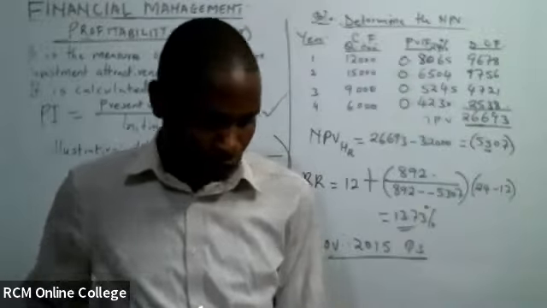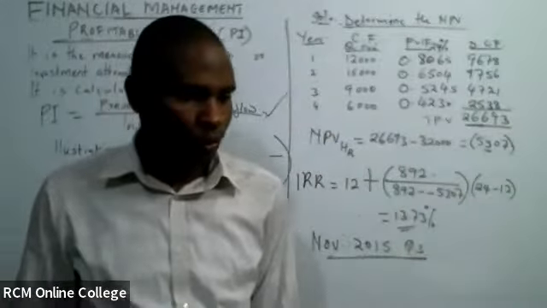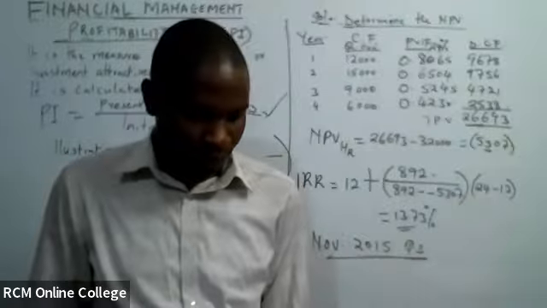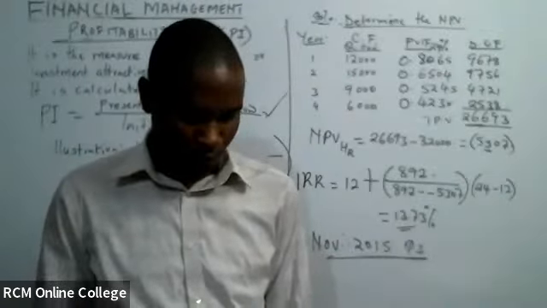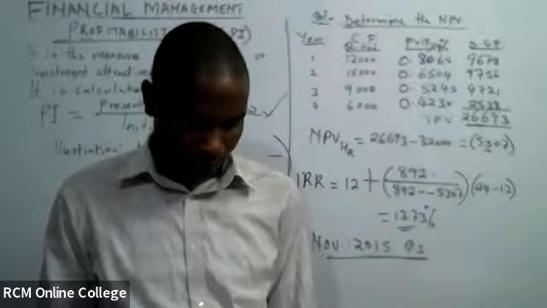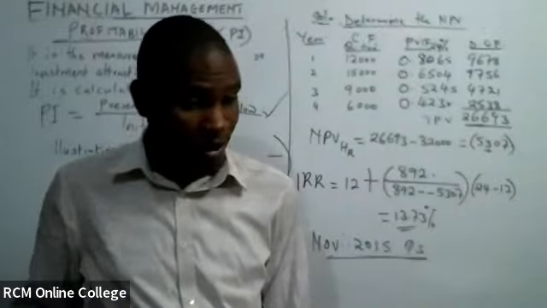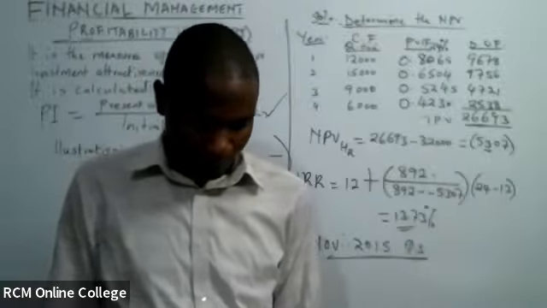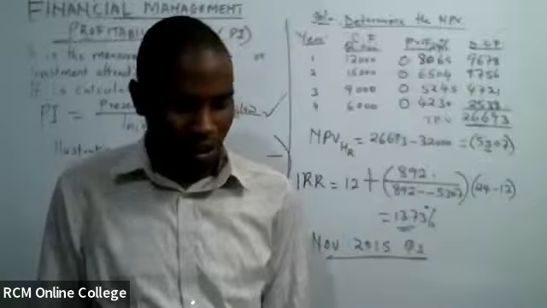So, in that question, if you look at that question very well, what is our cash flow? The 65 million is the initial outlay.